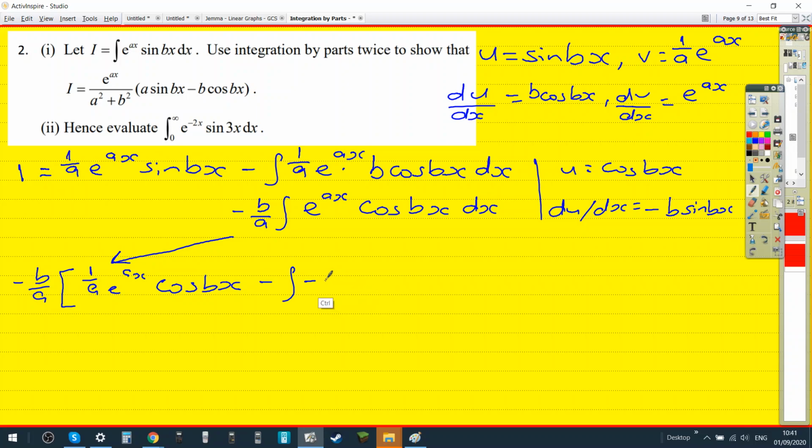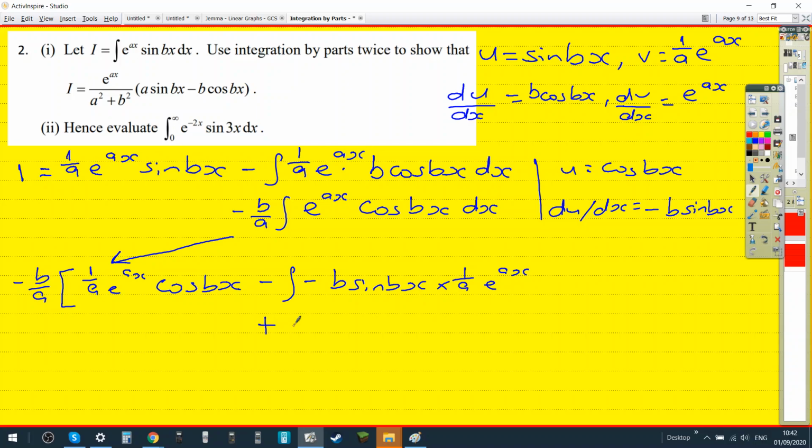So we'll leave it in first. Okay, b sine bx times by 1 over a e to the ax. So yes, we can take stuff out to make it a plus.